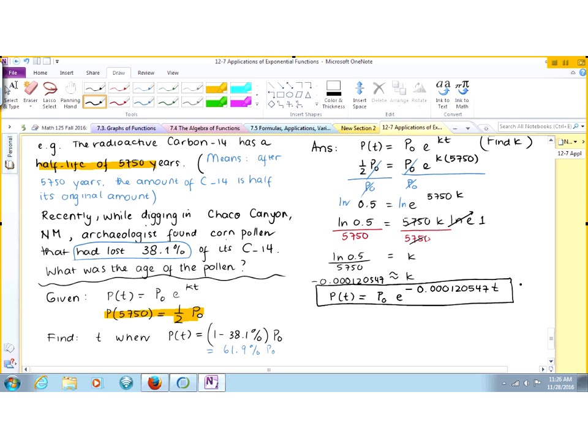Why do I carry this many decimals? Because this is in the middle. I do not want to round in the middle. Yeah, because the answers might be a lot different. Are we okay so far?